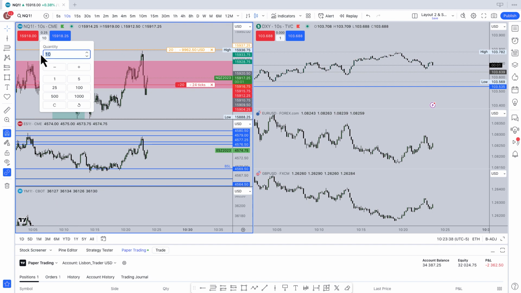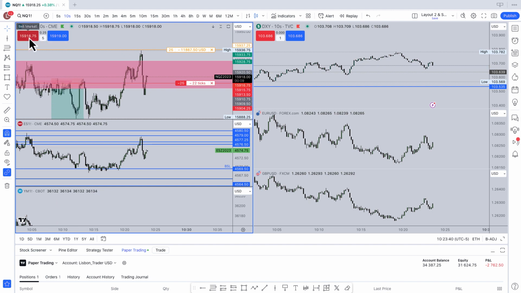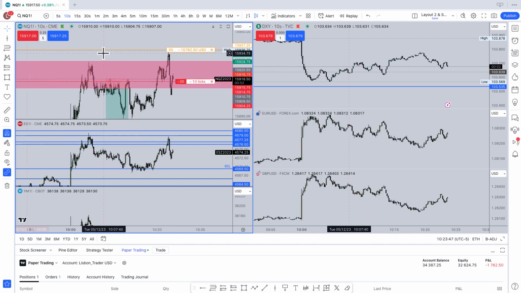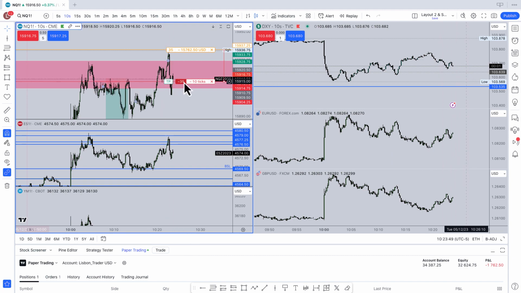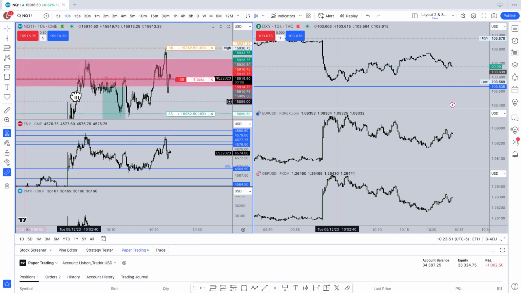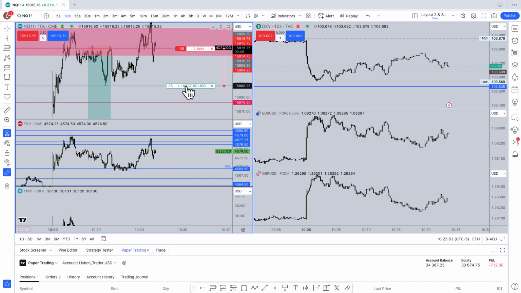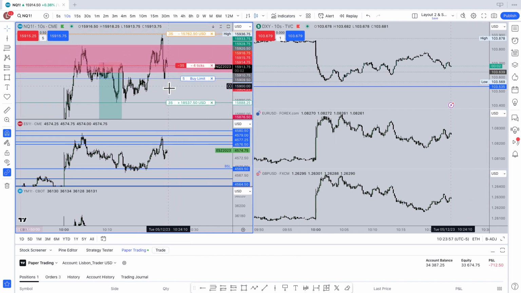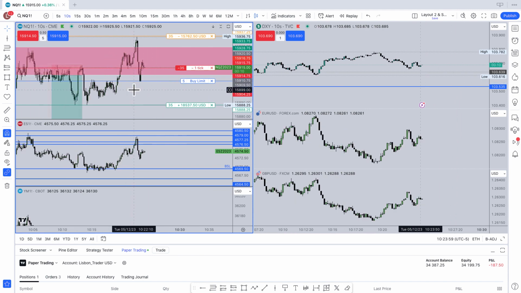Let's sell 5, another 5, risking 15k on this one. To see this low broken now.